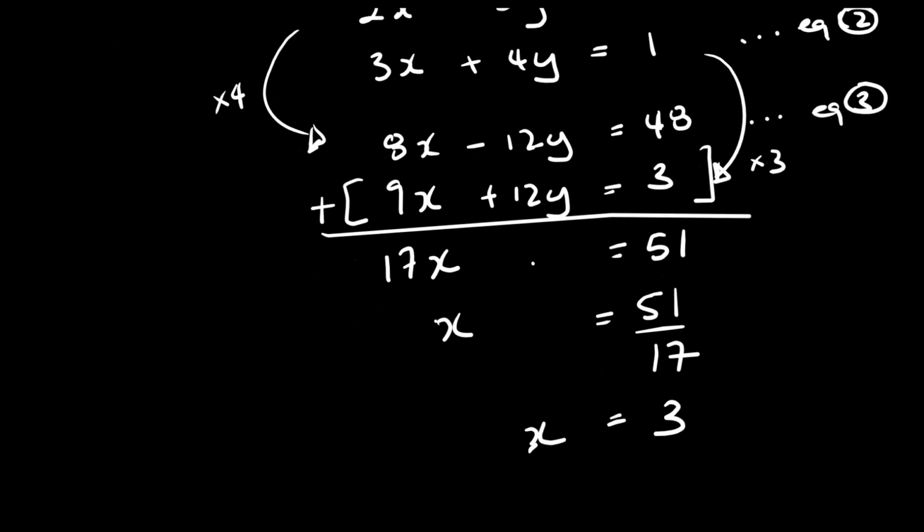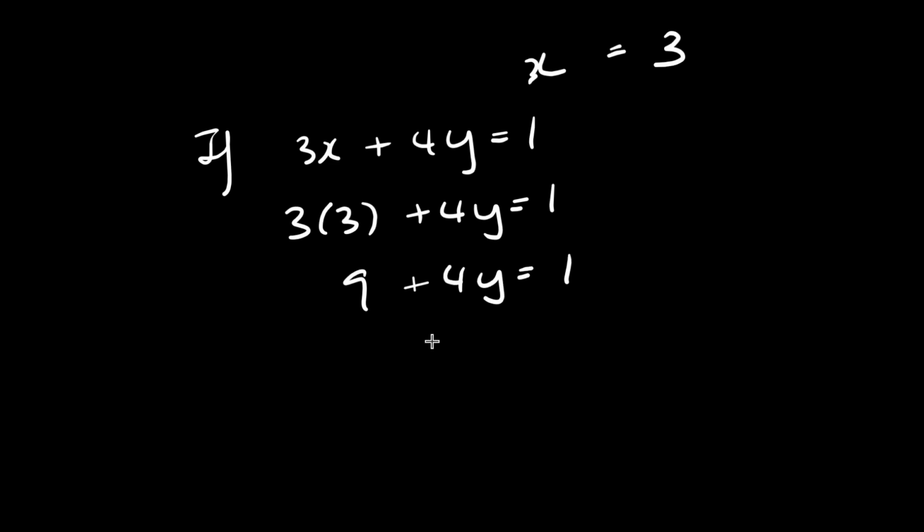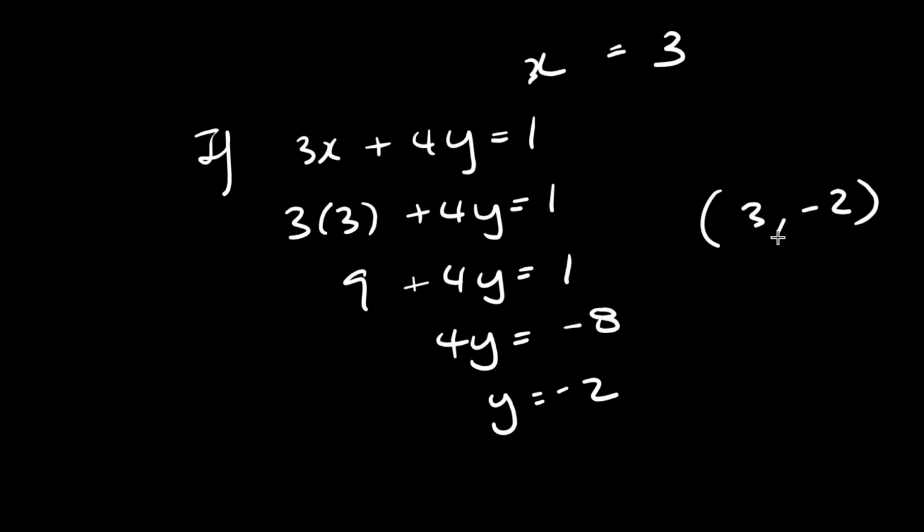I'm going to choose the 3x plus 4y is equal to 1. Let me scroll this down. If 3x plus 4y equals 1, that means 3 times 3 plus 4y is equal to 1, which means 9 plus 4y is equal to 1, which means that 4y is equal to negative 8, and y is equal to negative 2. And that means our solution is 3, negative 2.